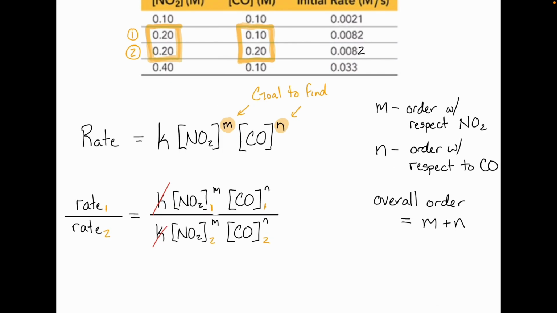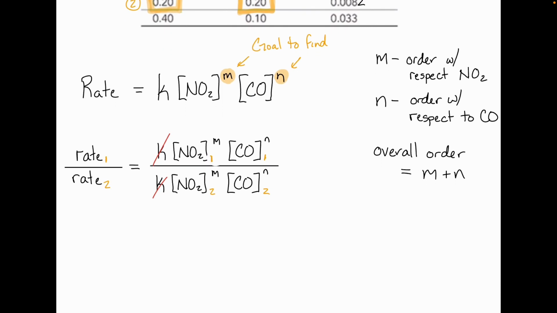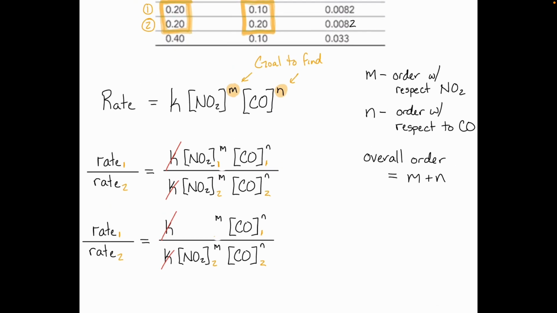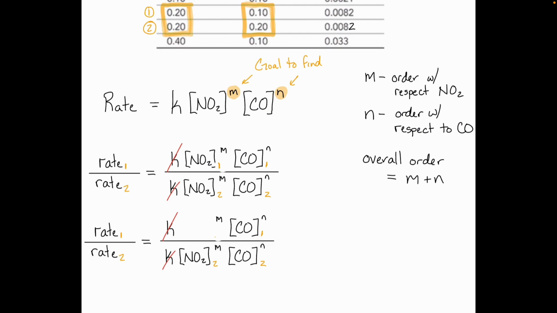Take this same equation, but now for my first data point, I'm going to fill in the concentration from my data set, 0.2. But from my second data point, that concentration was also 0.2.